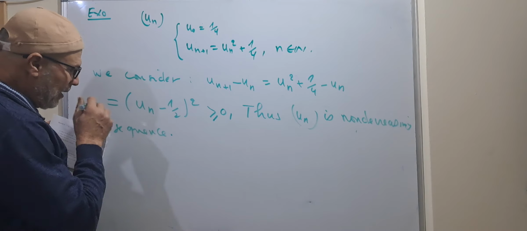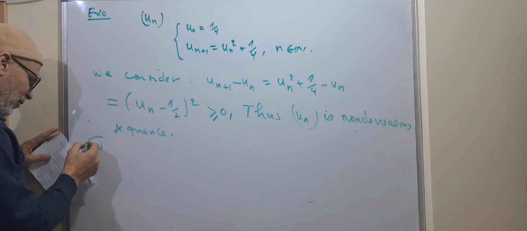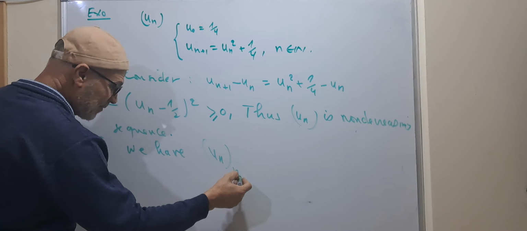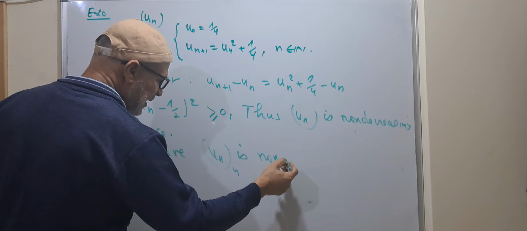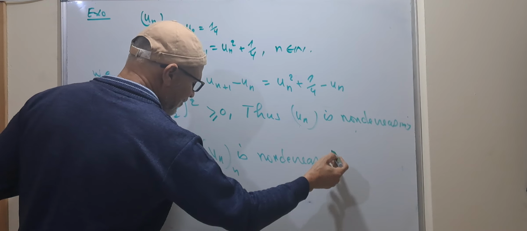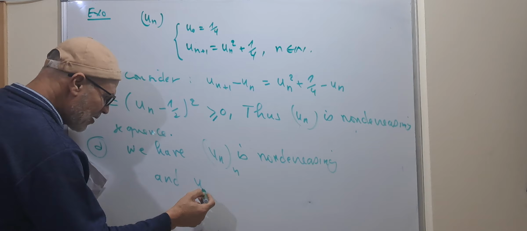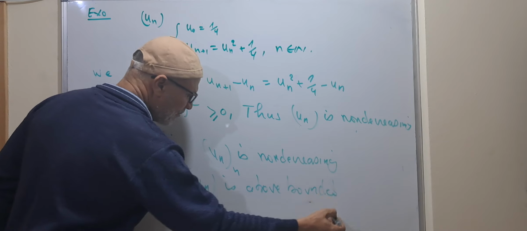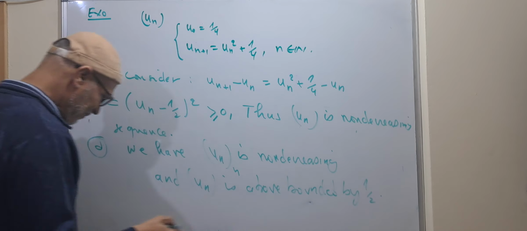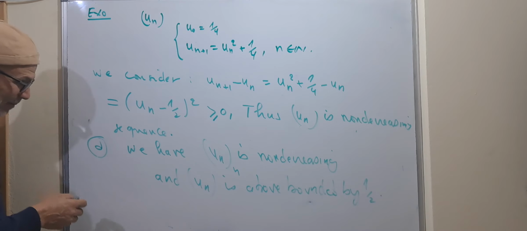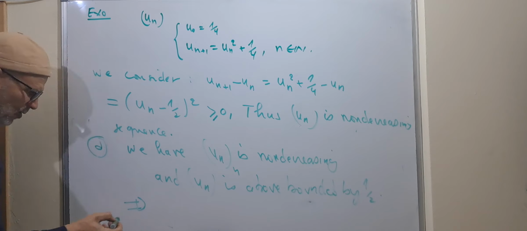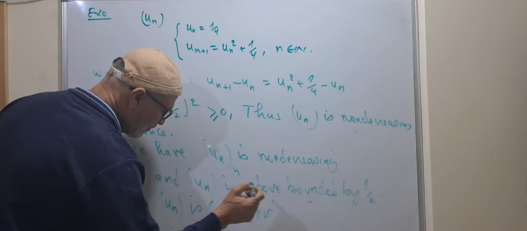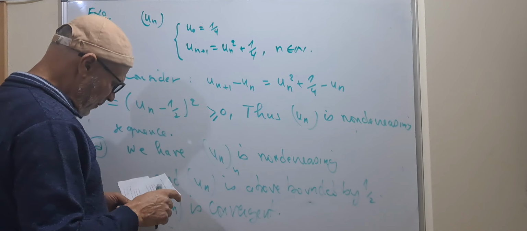What we have: Un is non-decreasing and Un is bounded above by 1 half. Using the monotone convergence theorem, we can deduce that Un is convergent.